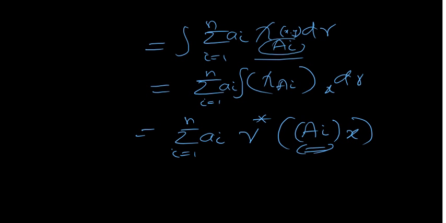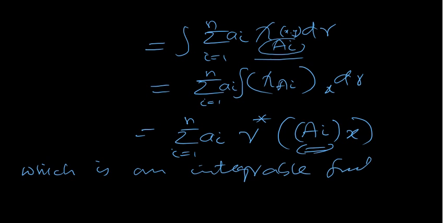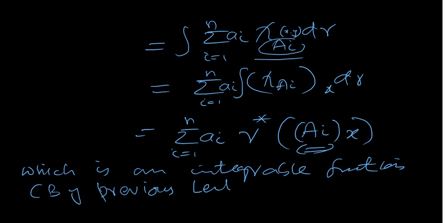And then by the previous theorem, the function which maps x onto nu star of A i x is defined as an integrable function. It's by the previous theorem that we have done in the previous lecture.